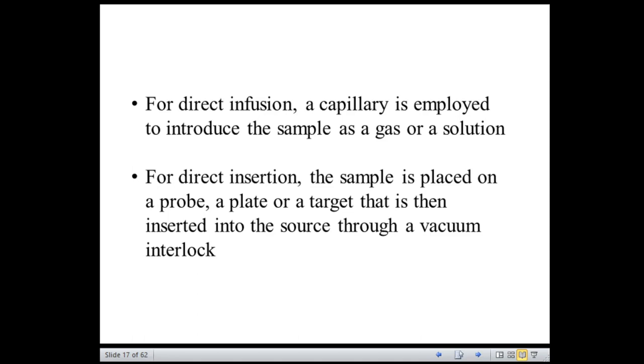So samples are introduced without compromising the vacuum using the direct infusion or direct insertion method. So there are two methods to introduce the sample or the analyte into the ionization source without compromising the vacuum, because vacuum is a must.